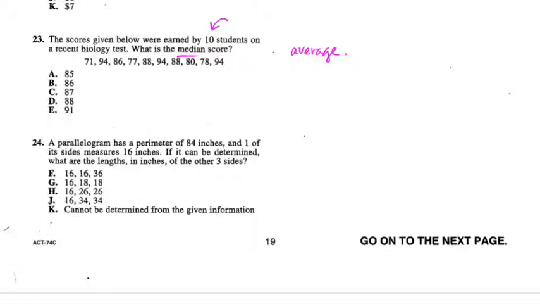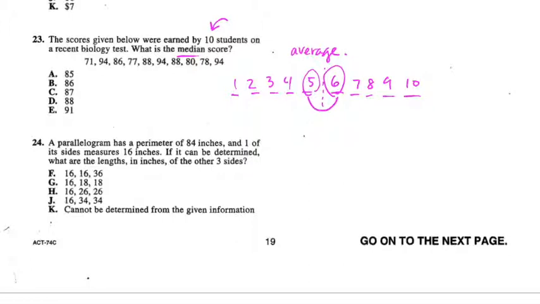With an even number of scores, you have to take the 5th and the 6th scores, because that's the midpoint, and get the average between those two. So you have 1, 2, 3, 4, 5, 6, 7, 8, 9, 10, and you're getting the average of these two numbers. So we have to put these numbers in order, figure out which ones are the 5th and 6th, and then get the average, and we will get our answer.